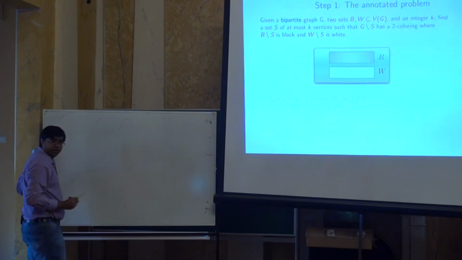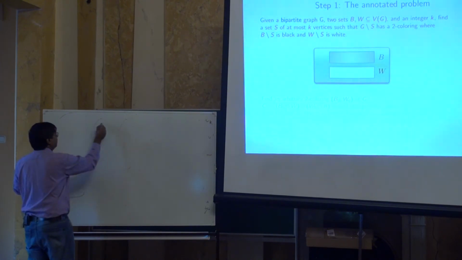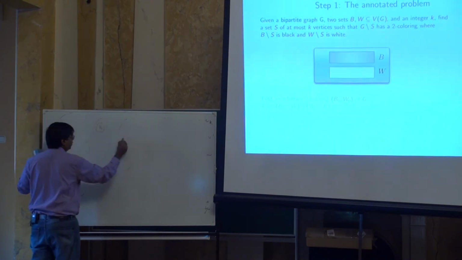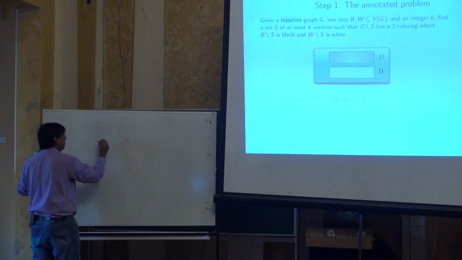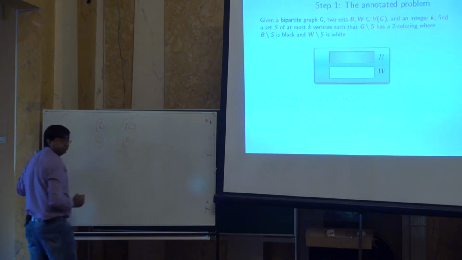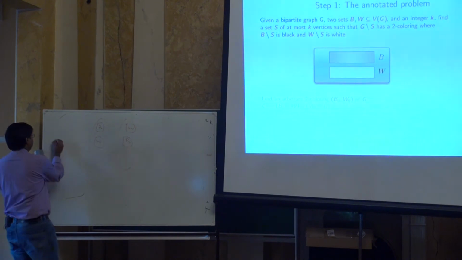So this is my bipartite graph. Some set is called black, some are here, some are here. Now I want to delete k vertices from the graph.